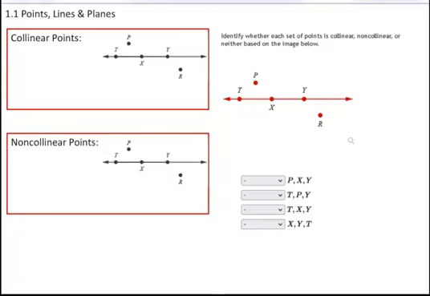Collinear, if you look at the makeup of the word itself, co or col means together or with, okay? And the word line is embedded in collinear. This just means that they're points that can be contained within the same line.